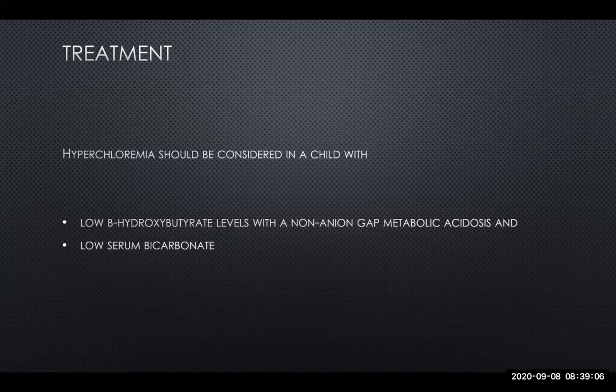We know that DKA is an anion gap acidosis. We are going to have a low serum bicarbonate, and when we measure the ketones in blood, like the beta-hydroxybutyrate level, they are low too. So we can say that this patient has acidosis because of hyperchloremia and needs to be treated with bicarbonate.